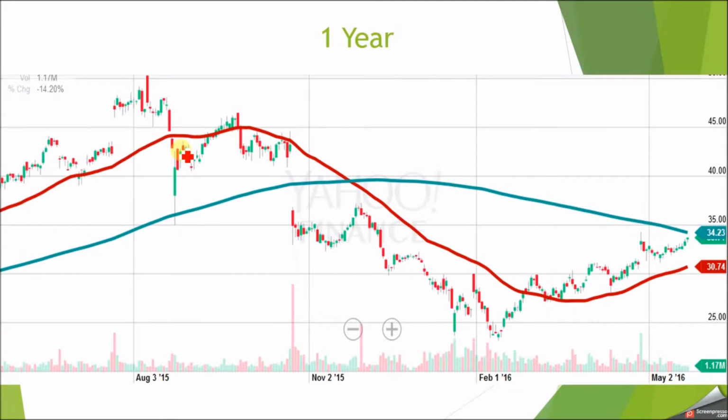Make sure to have your stop set at that point, and likely, you should get out when it falls through that 50-day moving average pretty significantly like it does here.